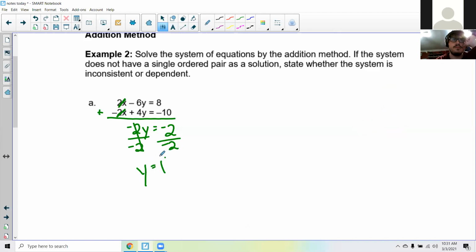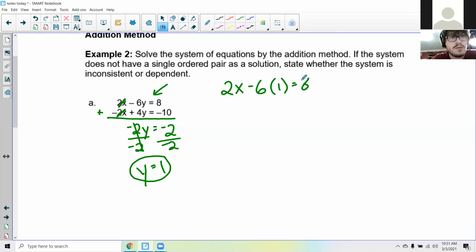So I'm going to take this value for y and plug it back into either equation. It doesn't really matter if one looks easier than the other one, just do that. I'll plug it back into the top equation. So I get 2x minus 6 times y, which is 1, equals 8.